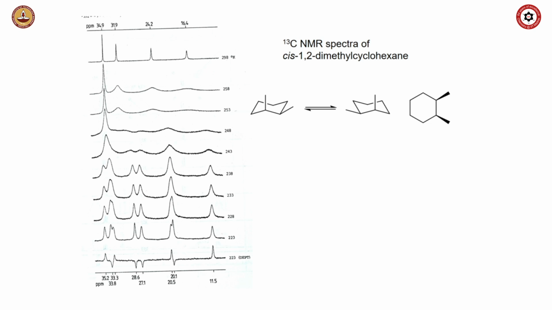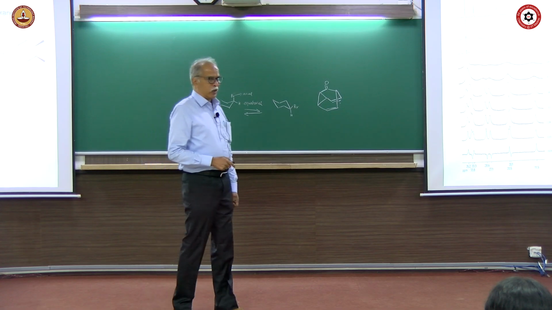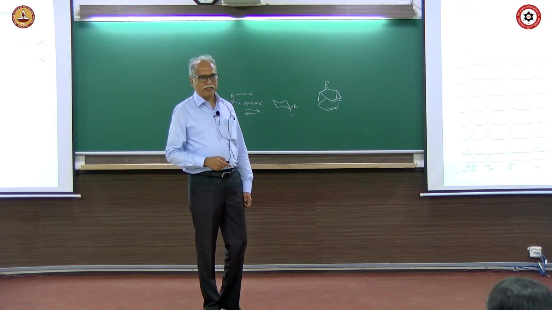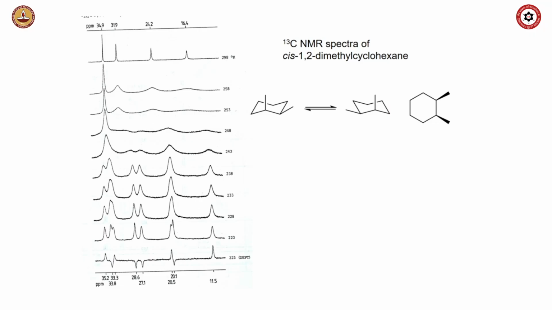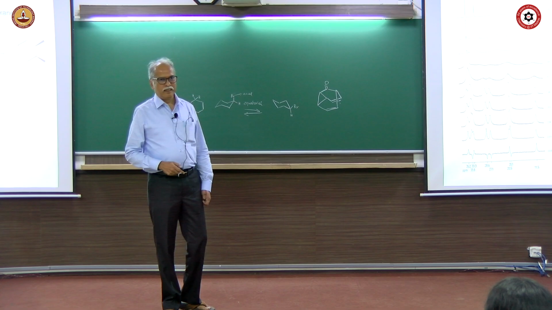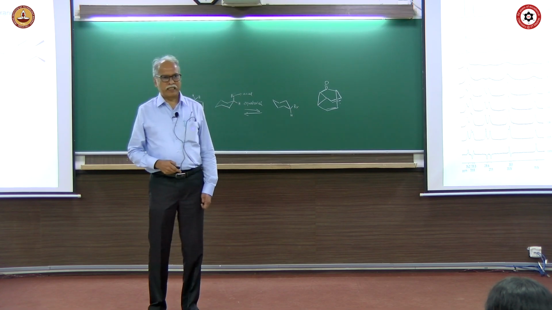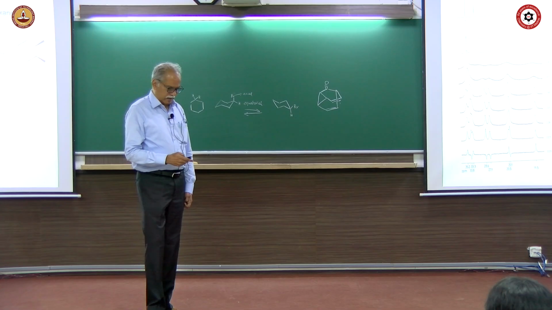So this is a nice example of a molecule being chiral or not. NMR sees this molecule as a chiral molecule provided there is no rapid interconversion. It sees it as an achiral molecule when it is rapidly interconverting between equivalent forms. A racemic mixture is what you have there.